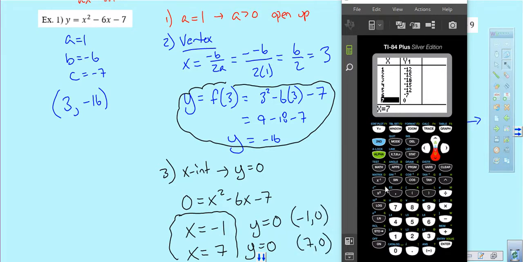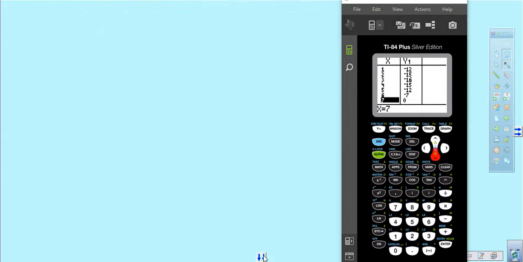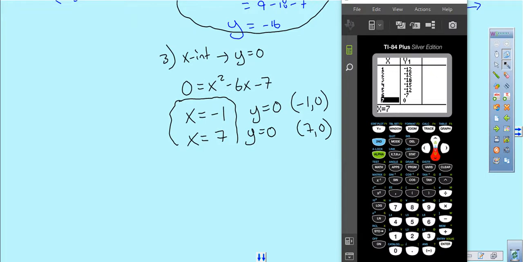All right, step number 4, let me get myself some more space. Step number 4 is to find the y-intercept. So once again, I write down on my paper y-intercept, let x be equal to 0. I can plug this into my equation. That would be 0 squared minus 6 times 0 minus 7.